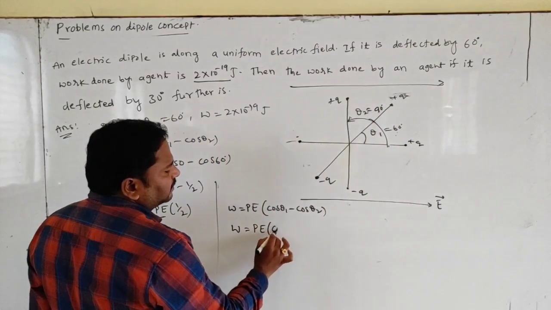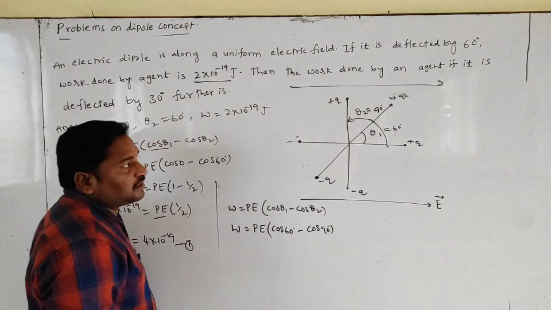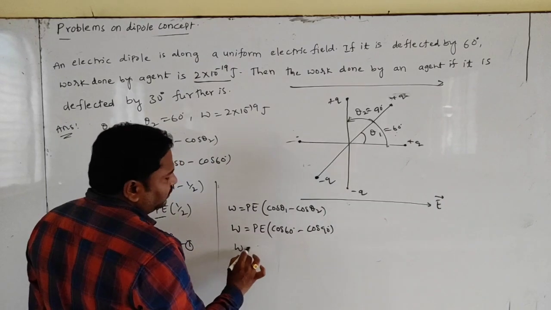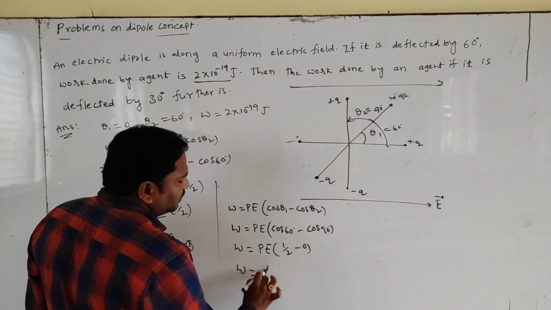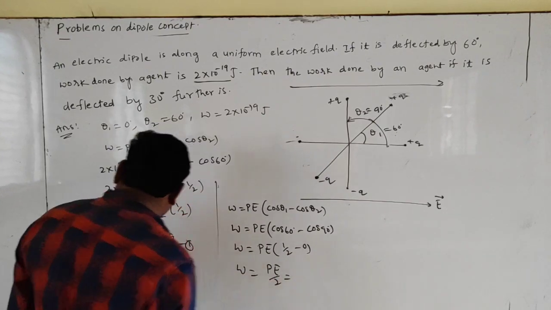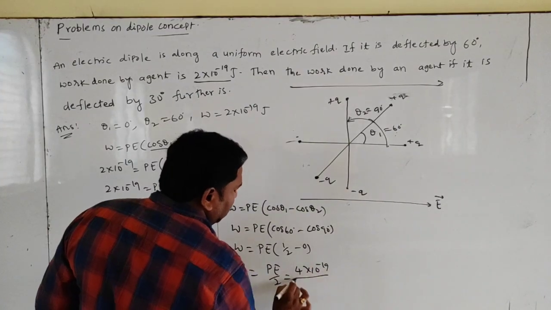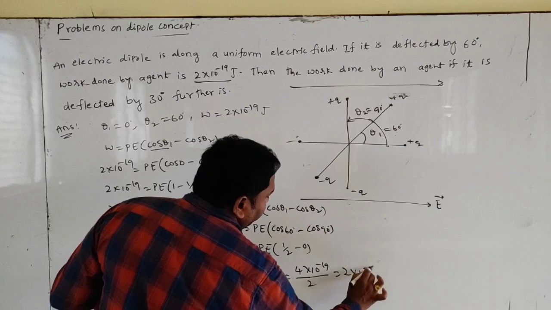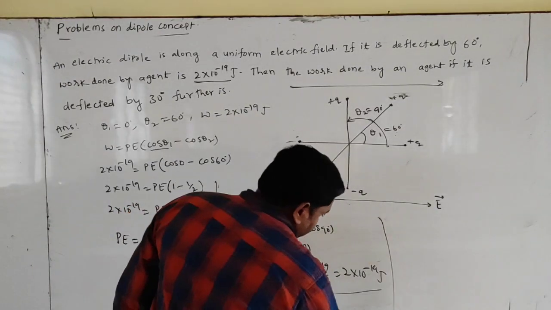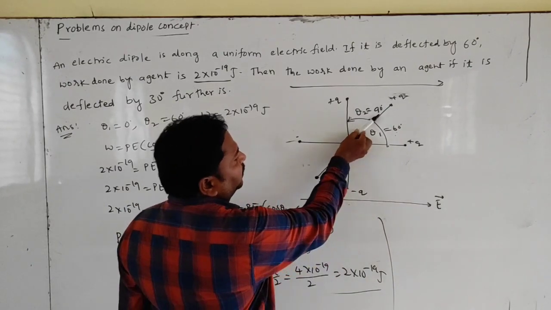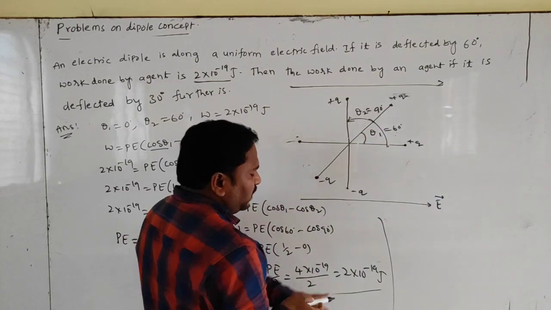So now we write cos 60 minus cos 90. So W equals PE into cos 60, 1 by 2, minus 0. W equals PE by 2. So PE by 2 means 4 into 10 power minus 19 by 2, which equals 2 into 10 power minus 19 joules. So now this is the question: from this position to this position, how much is the work done required?